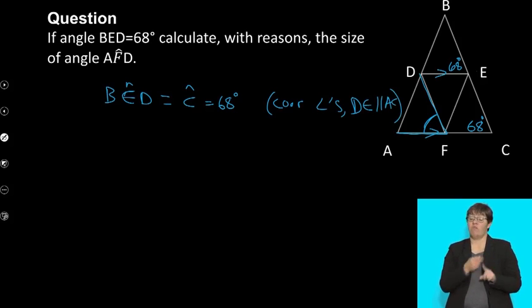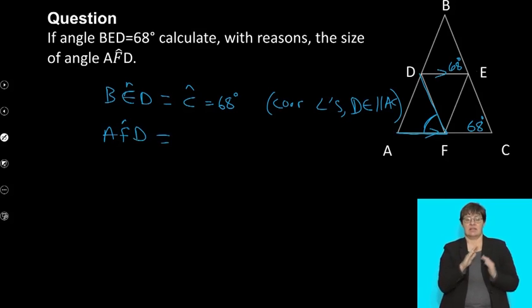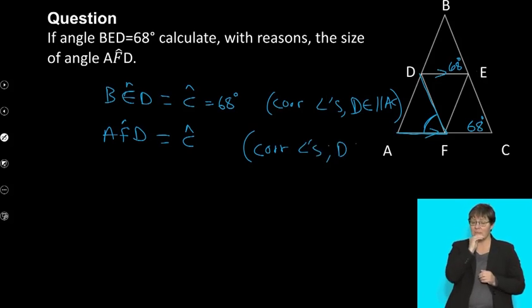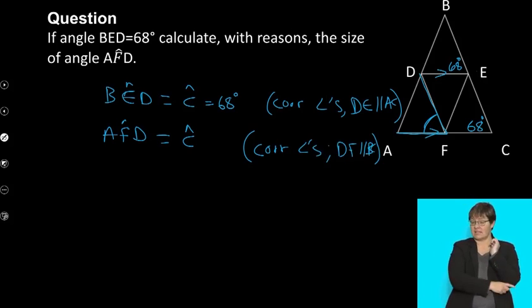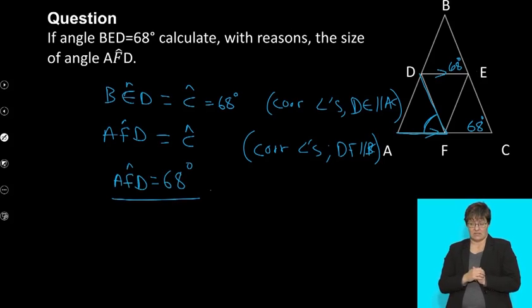And then from there, I also know that angle AFD will be equal to also angle C, which will still also be because of corresponding angles, but now because of different parallel lines, which is my DF parallel to BC, right? And then lastly, it means AFD will be equal to 68 degrees, and you don't need a reason for that because you would have just shown it in terms of algebra. And that's what you need to do.